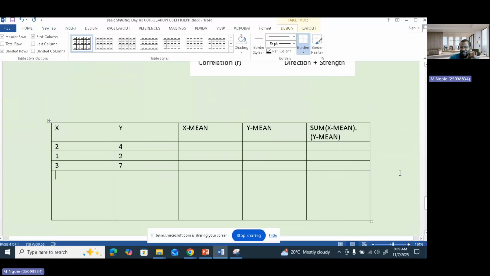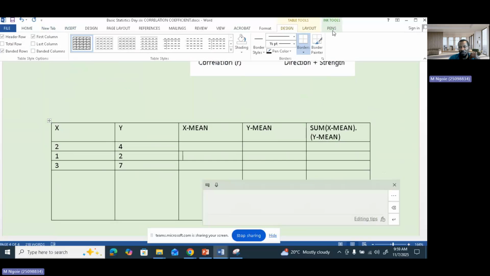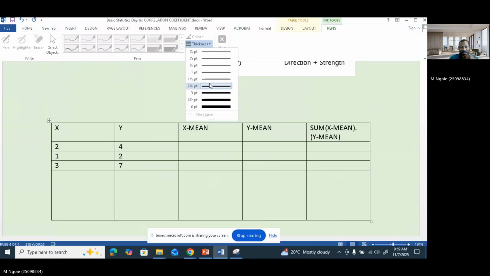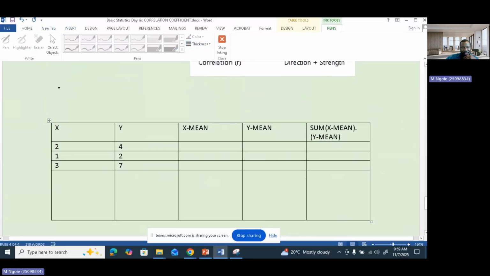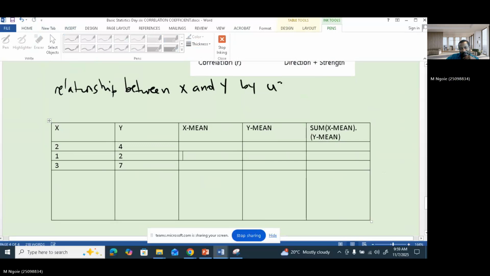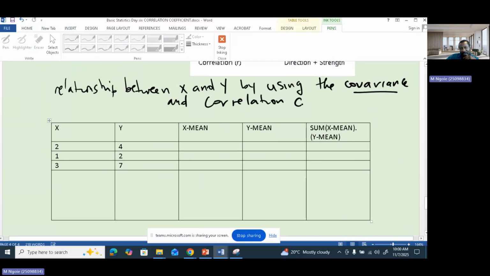So for this particular case, we are trying to find the relationship between x and y by using the covariance and the correlation coefficients.